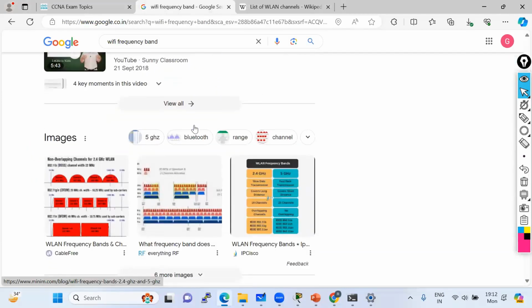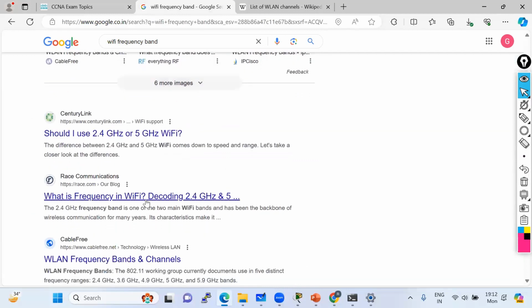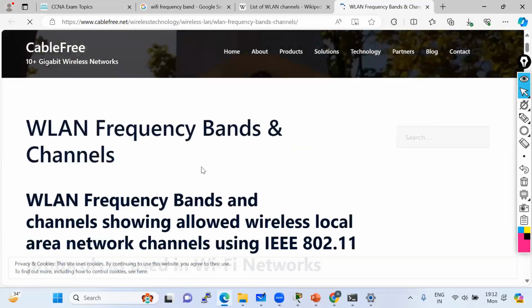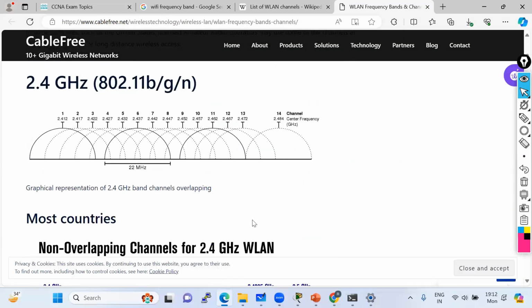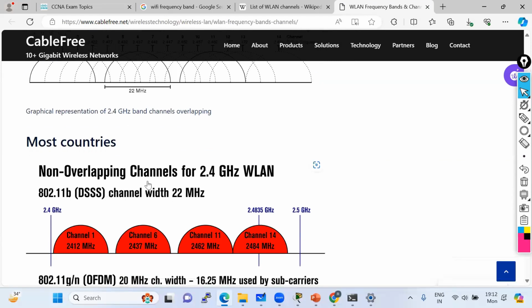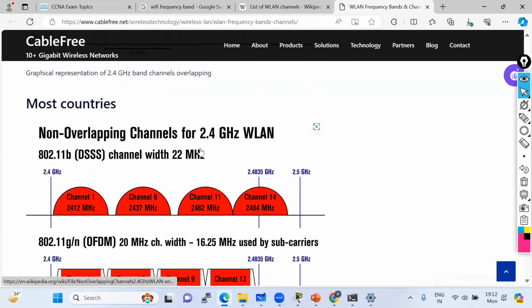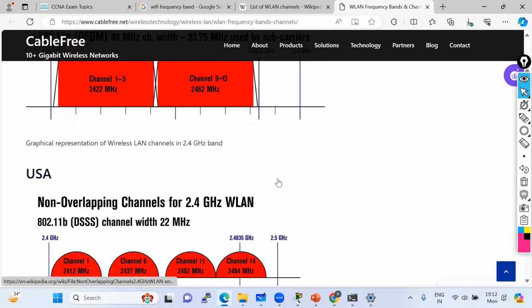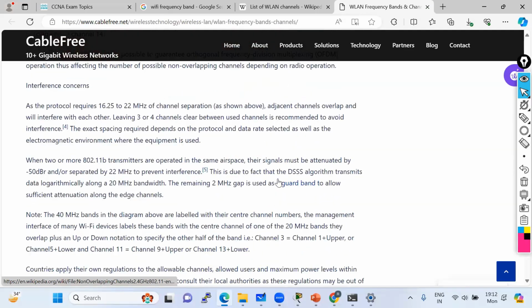I just want to find the crisp definition. So here you can see we have 2.4 gigahertz, where we have 3 non-overlapping channels. USA, different countries have different ones.